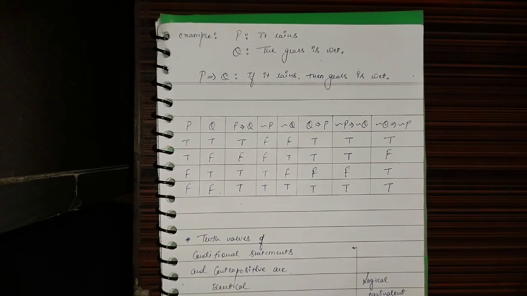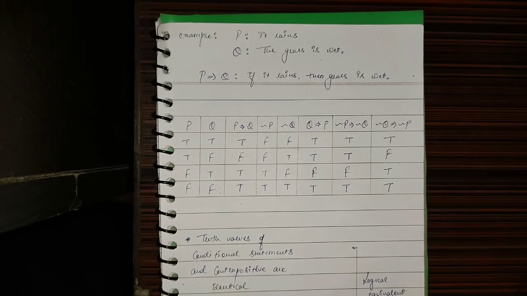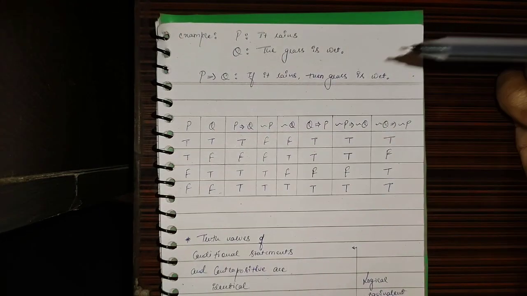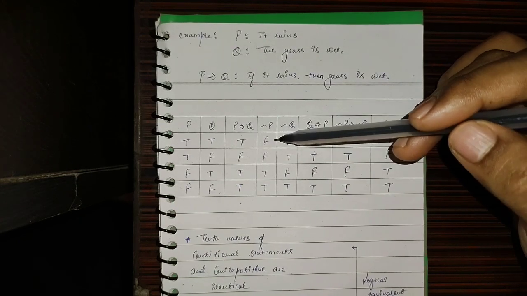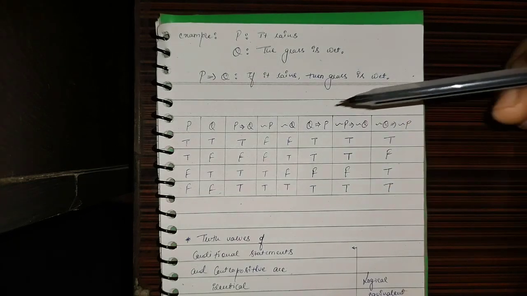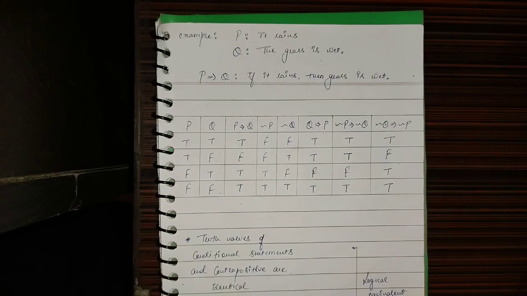When we want to negate the statement P, we simply have to invert the truth values. True becomes false and false becomes true. So the negation of P becomes false, false, true, true, and the negation of Q becomes false, true, false, true.